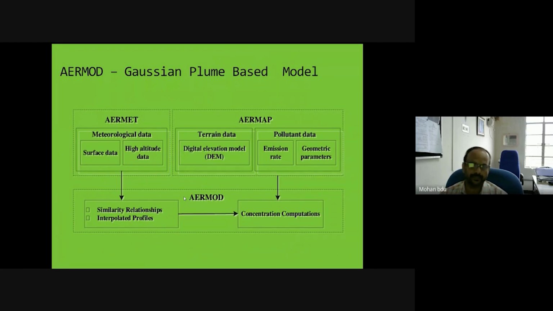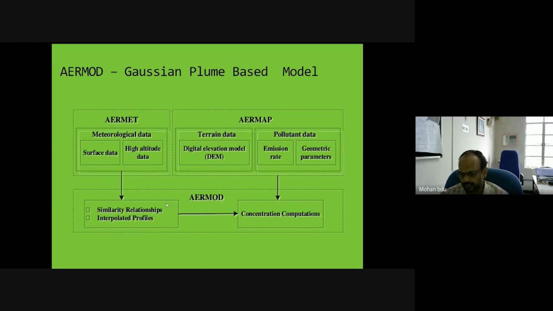It has two components: AERMET and AERMAP. AERMET is nothing but the component which will have the meteorological data as input, like wind speed, wind direction, solar radiation, etc. And AERMAP is another component which will have inputs of terrain data, that is the DEM, the digital elevation model, which I showed you earlier, and then the pollution data, like the data from the emission source in terms of emission rate or geometric parameters, and this will calculate and give a result on the concentrations of the air pollution at a given location.